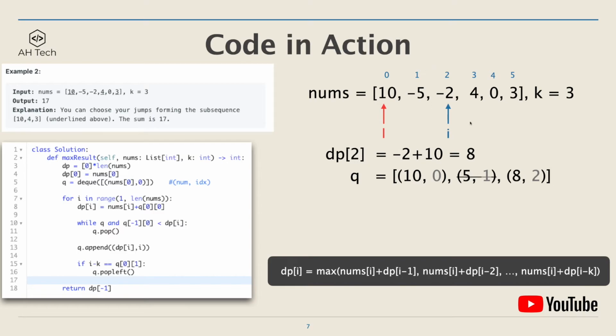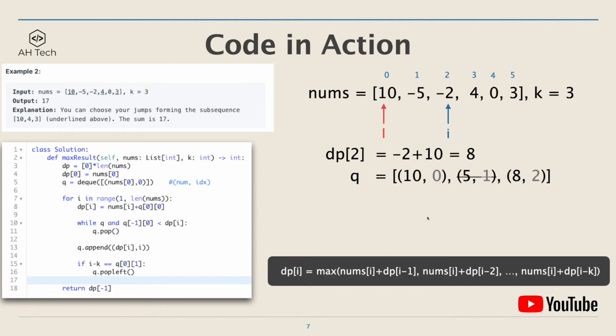And at index 2, calculate dp2, which is -2 plus 10, which is equal to 8. And then push 8, 2 into Q. You can see that 8 is bigger than 5, which means that 5 has no potential to become the sliding window maximum. So we will just pop it out from the right.